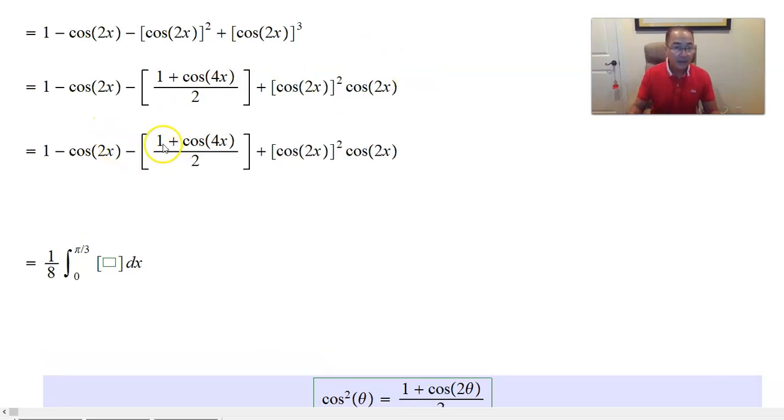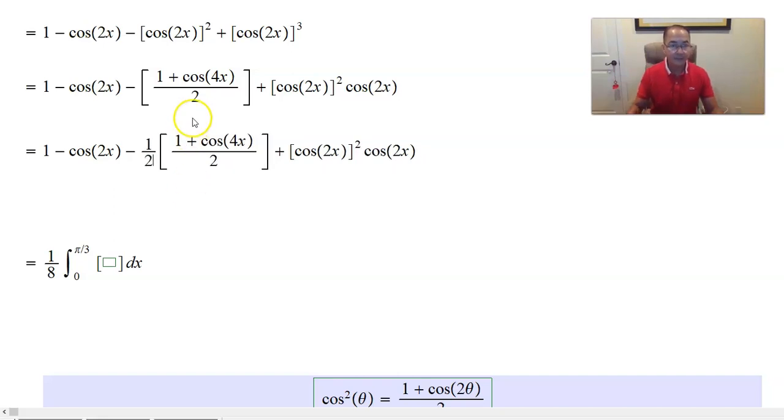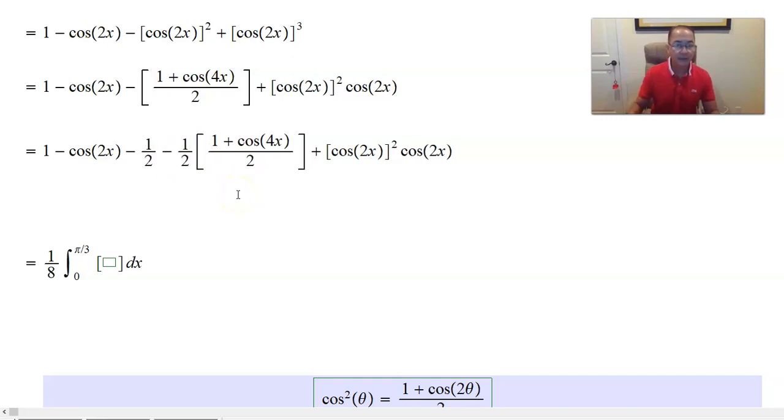So minus, and looks like we have a 1/2 there, so I will borrow this fraction. So that's going to be a 1/2. And the second term becomes minus 1/2 cosine of 4x.